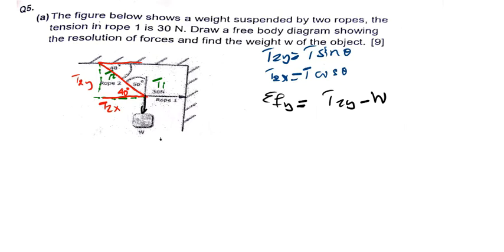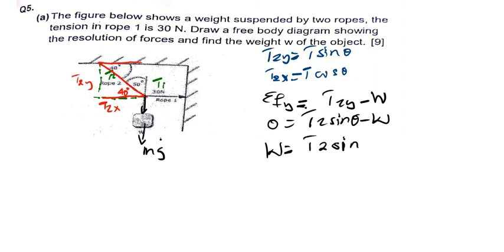So we have got the mg there. Okay, so that is the weight. Now when you're talking about static equilibrium, meaning an object is not moving, therefore you replace this with 0. So this will be T2 sine theta minus that. Shift W to the other side, we have this.